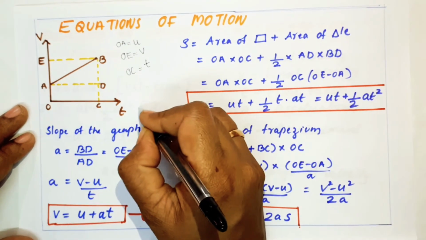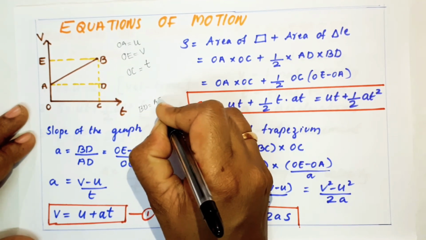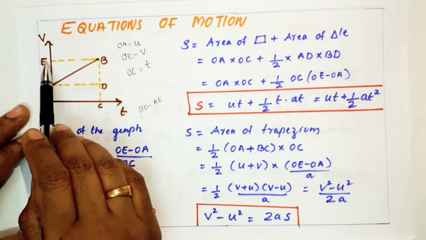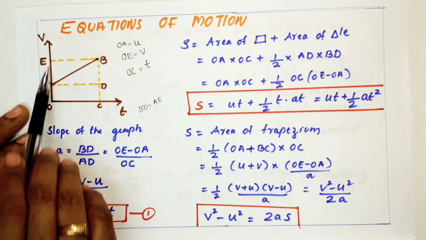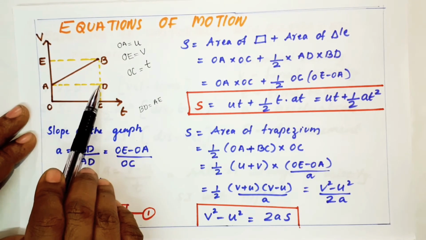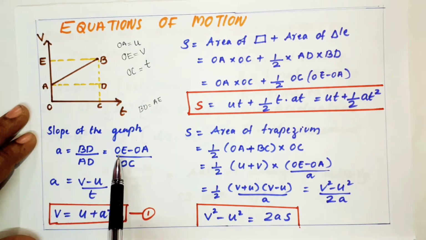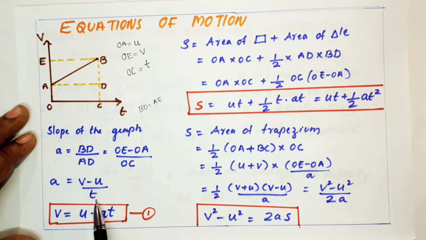AE is nothing but OE minus OA. What is OE? OE is V. What is OA? U. OC is time.